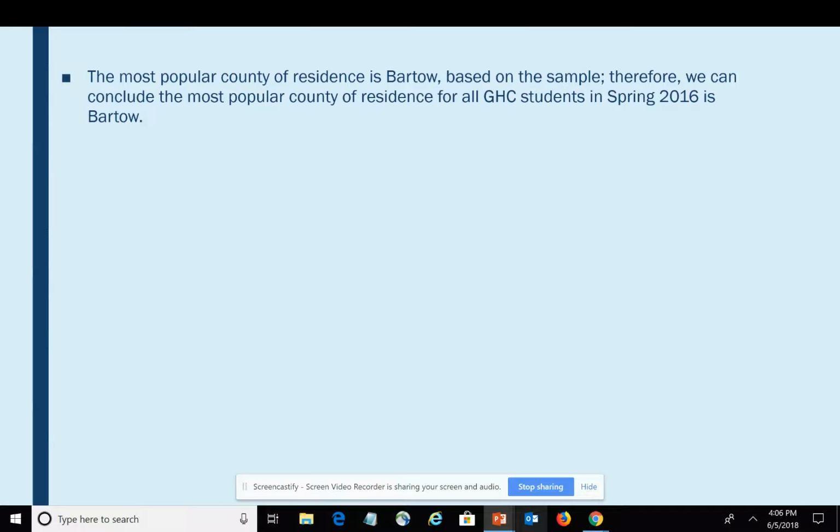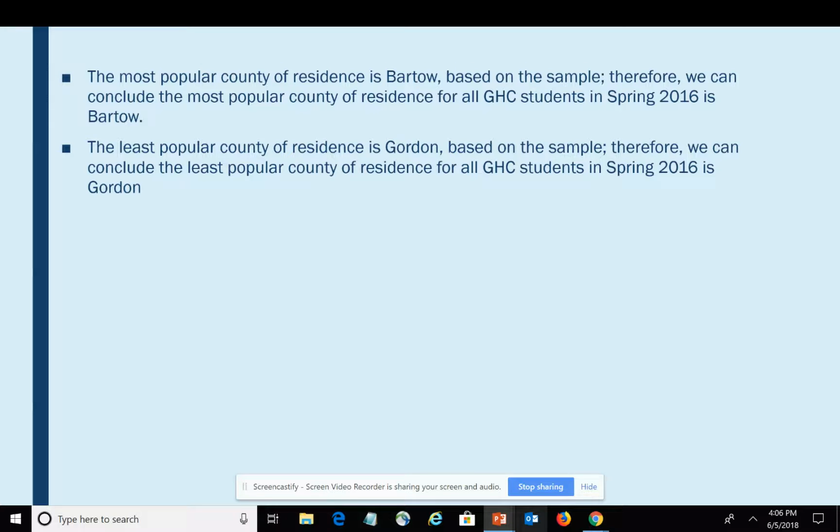So thinking about the example we've been working on, the most popular county of residence is Bartow based on the sample. Therefore, we can conclude or infer that the most popular county of residence for all GHC students in spring 2016 is Bartow. The least popular county is Gordon based on the sample.